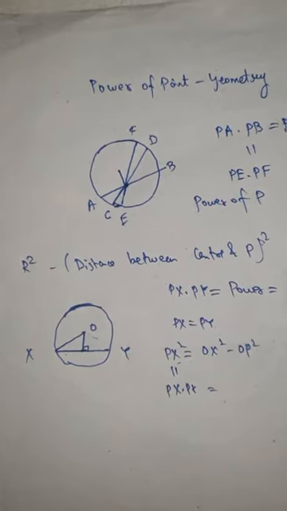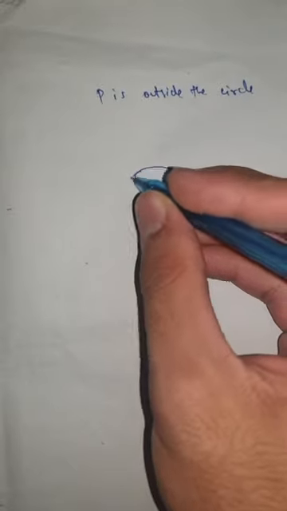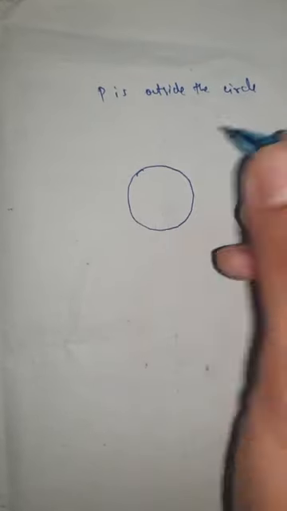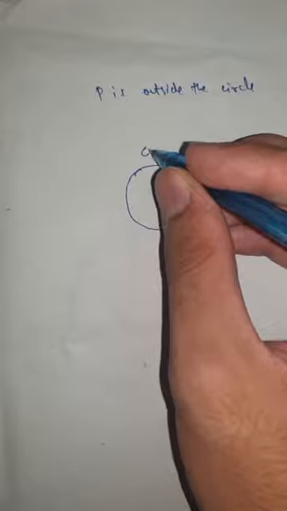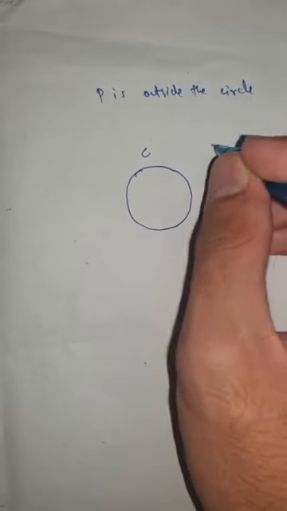Now let's suppose P is outside the circle. How will we define the power? Suppose it's a circle C and a point P outside.